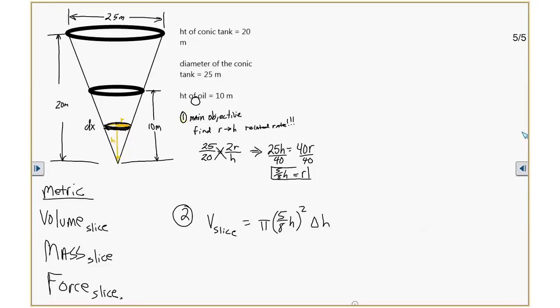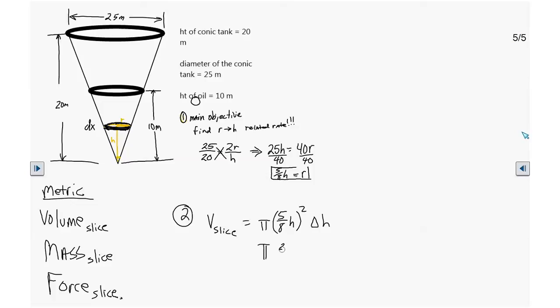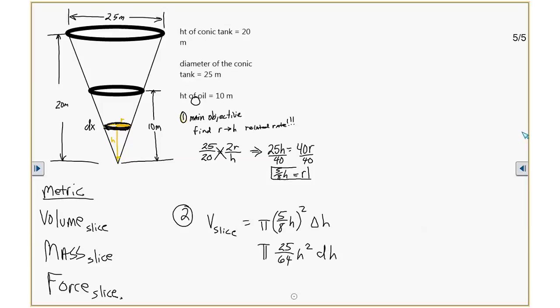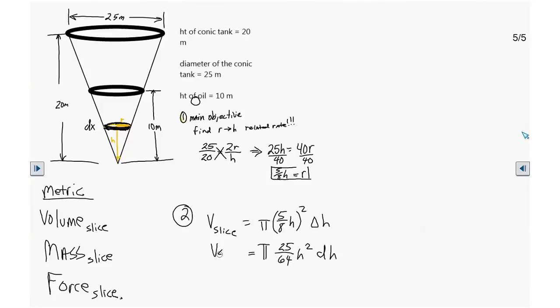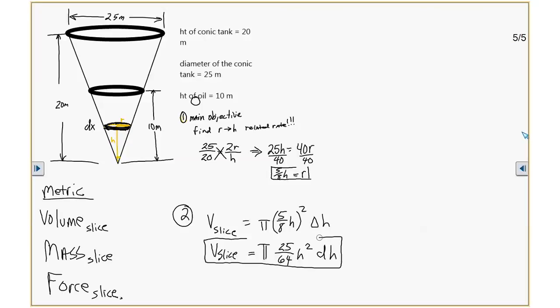Pi r squared, H, delta H right here. Okay, my bad. And then that comes out to be pi 25/64 H squared DH. And that's the volume of the slice.